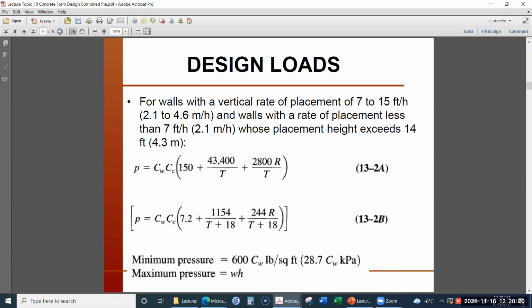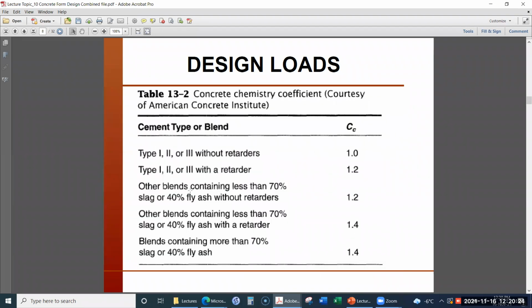The other coefficient is CC, which is the chemistry coefficient. It depends on the type of cement used, so cement type or blend. If it is type 1, type 2, or type 3 cement used without any retarder, we will use 1.